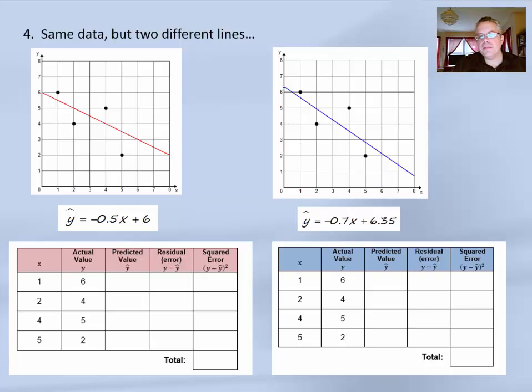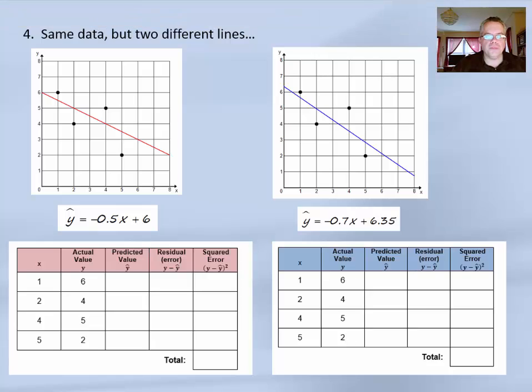The y-intercept is a little bit bigger, and actually the line has a more negative slope. This line is actually what my calculator calculates to be the very best line. So it's a little bit better than the first one, and we're going to see that its total squared error should be less. All right, so we're going to get in the habit of calculating this table. This table, we're going to find the predicted values, the residuals, and square them and find the total squared error.